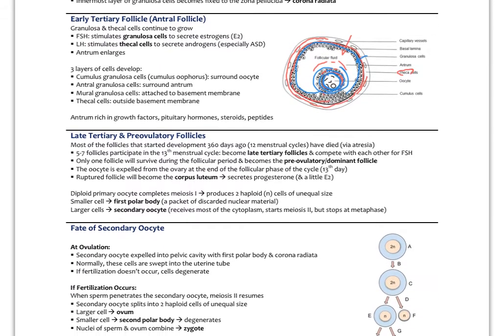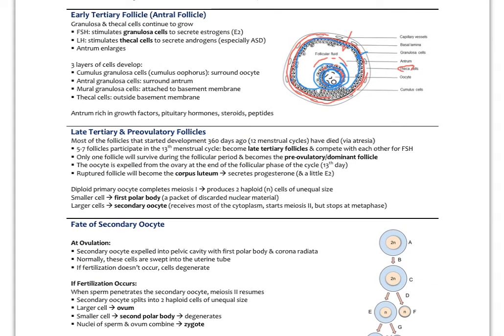Finally, we have the late tertiary and what's called the pre-ovulatory follicle. Most of the follicles that started development 360 days ago, or 12 menstrual cycles ago, have died via atresia. Only 5 to 7 follicles now are left, and they participate in the 13th menstrual cycle. They become late tertiary follicles, and they compete with each other for FSH.